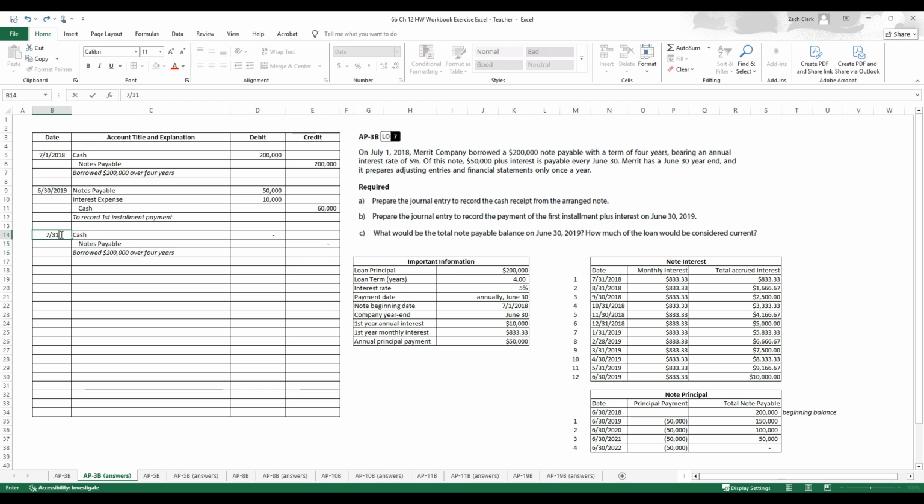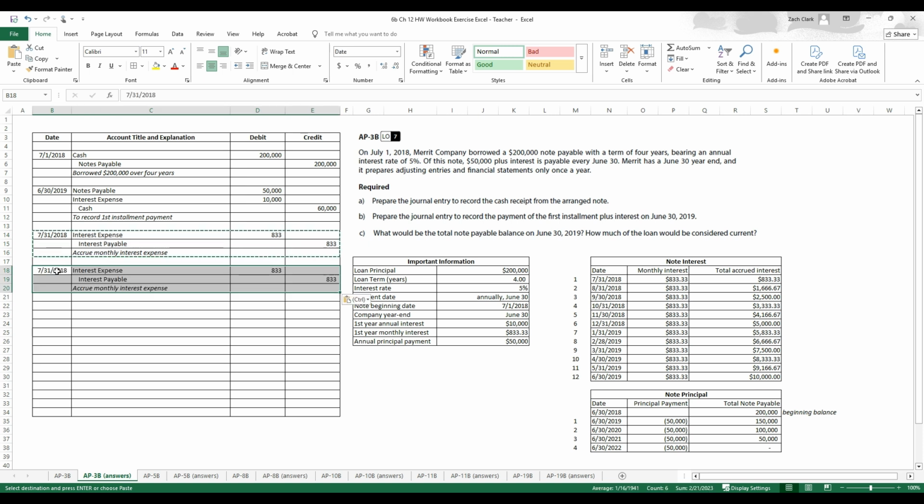If we were doing this monthly, every month, 7/31/18, at the end of that first month, we would have recorded interest expense and interest payable, and it would have been the expense of $833, the payable going up $833, and we would say accrue monthly interest expense, and then we would continue to make this same journal entry every month end, and it would increase the accrued interest here as we're crediting each month by the same amount to increase it to the point where our last payment would be $10,000.